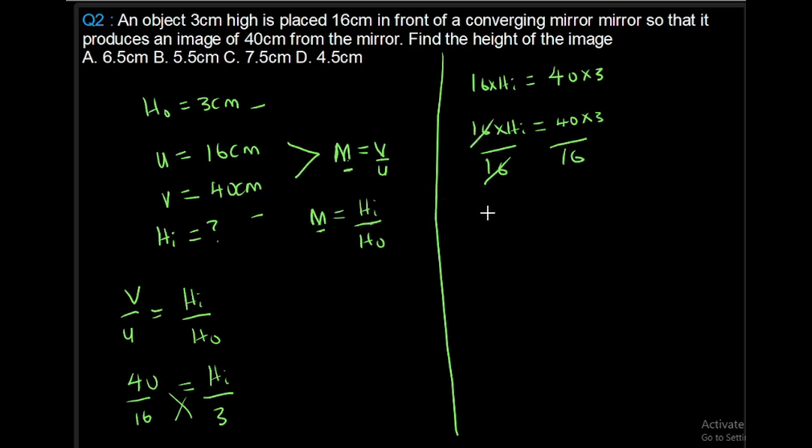Then we're going to have height of image equal to, we simplify this with our calculator, 40 times 3 all over 16. That will give us 7.5. So we have height of image to be 7.5 cm, which is option C.